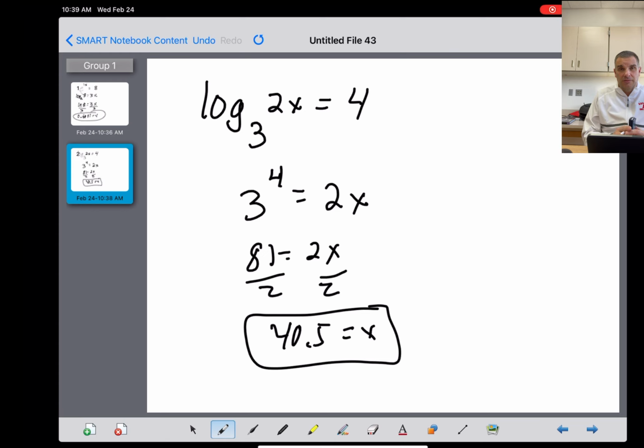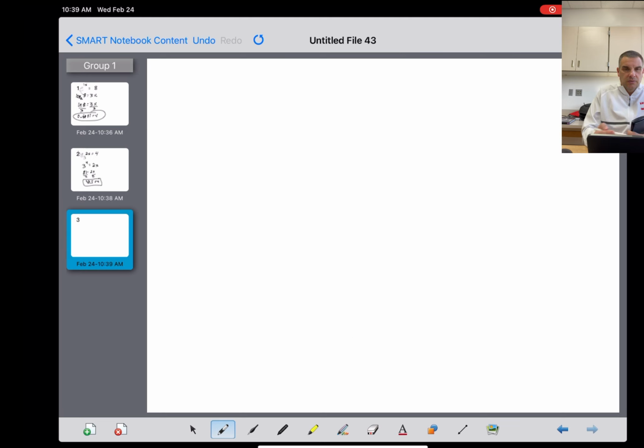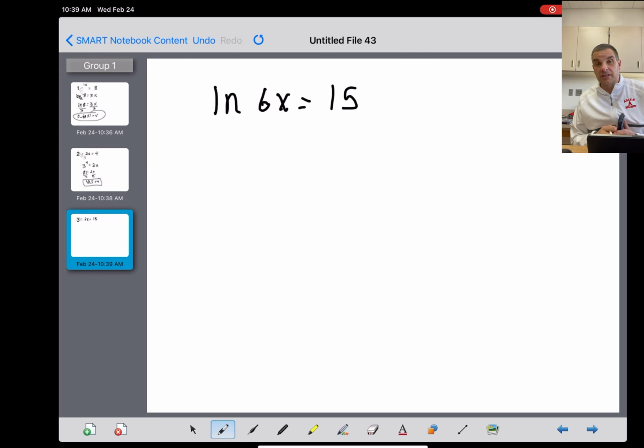If it's in logarithmic form, rewrite it as an exponent. Well, what if we have the natural log? What if we have ln of 6x equals 15? That's a logarithm. It's written as a log. Remember, and this is what I like to do when I get these types, I like to change the ln to log base e.